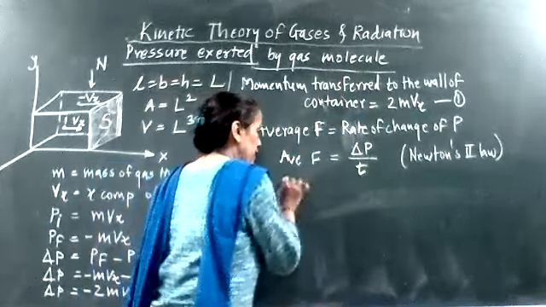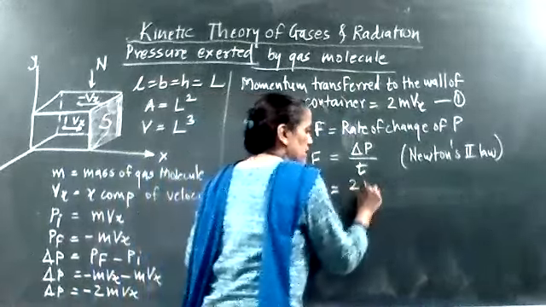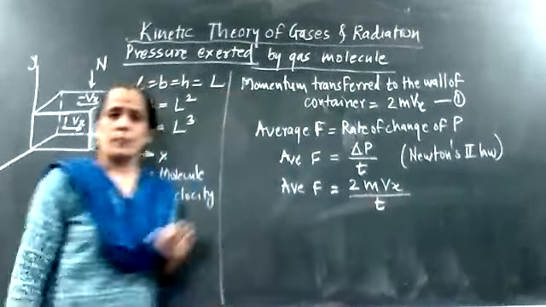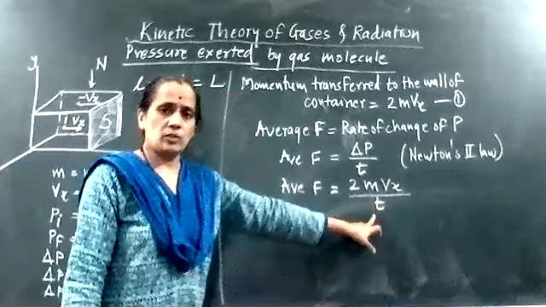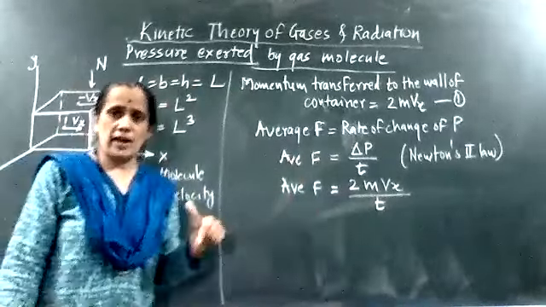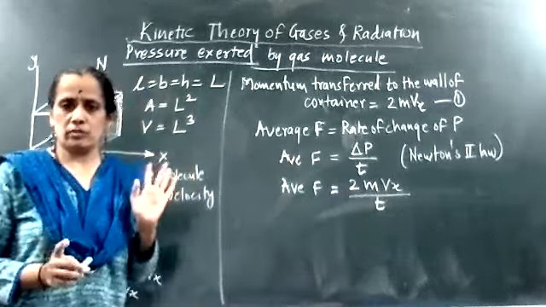Therefore, your average force is nothing but twice mvx upon t. Now we have to find the value of t. t is the time required between two successive collisions of the molecule.